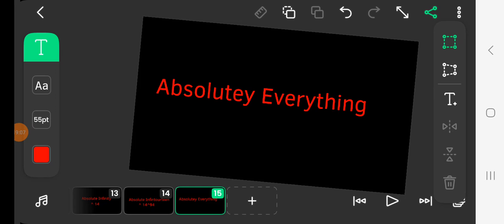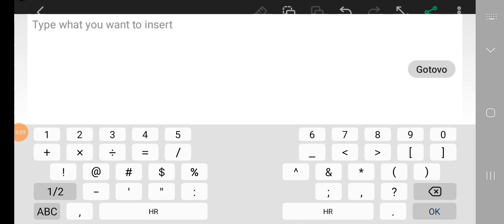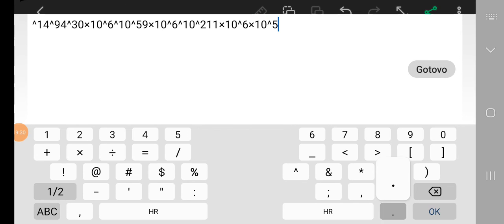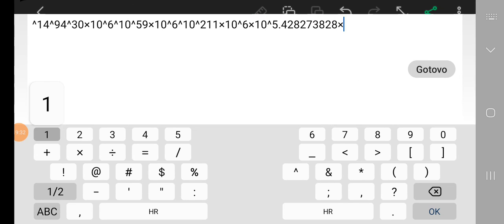And absolutely everything to the power of 14 to the power of 94 to the power of the 30 million to the power of this to the power of that and to the power of that and then to the power of this, and so on.